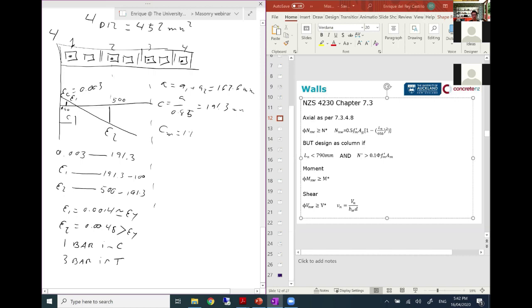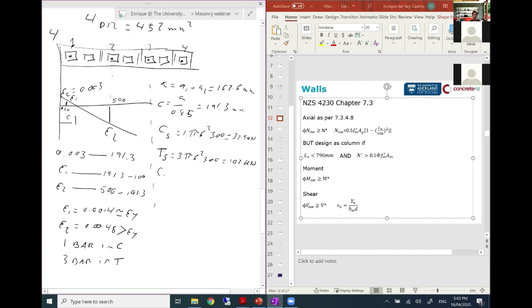So that's 1 bar pi 6 square Fy. This is 33.9 kilonewtons. Now the tension force coming from the steel, which is 3 bars by 6 square 300, and this is 102 kilonewtons.